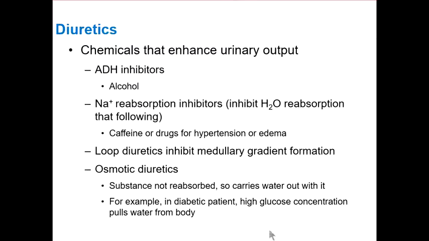And substances like glucose pull water along with them, which would be a type of diuretic. So in a diabetic patient, that high glucose concentration also causes more water in the urine as well.